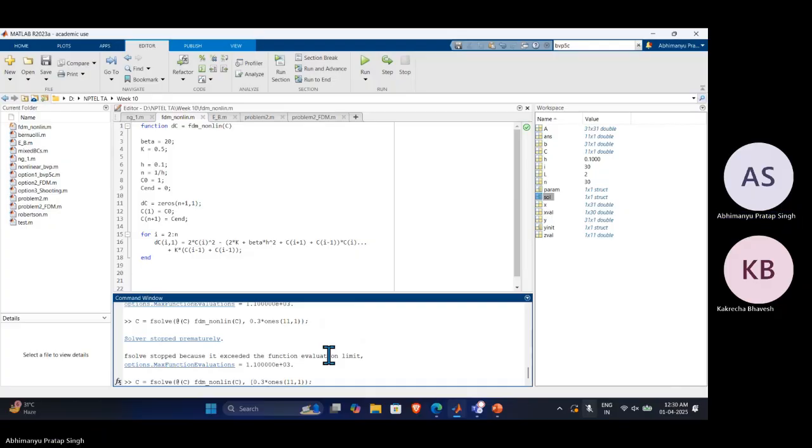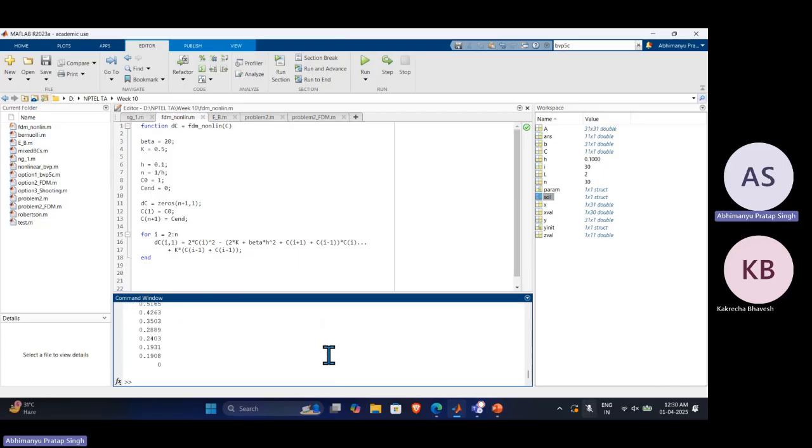Okay. So if I give the initial condition as 1, this as 9, 0, then another 0.